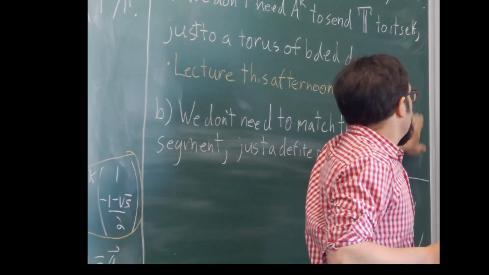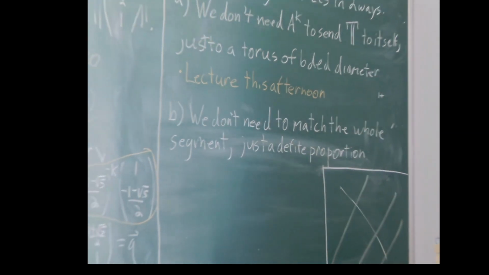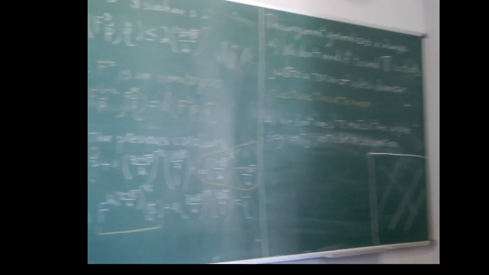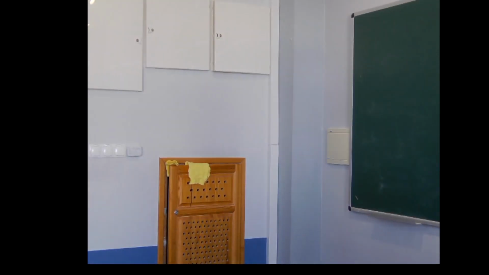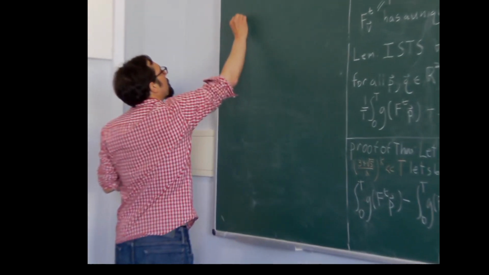Okay? And in order to make this not completely disconnected from reality, I want to explain a different situation where this works. So what I want to do is consider a different space.